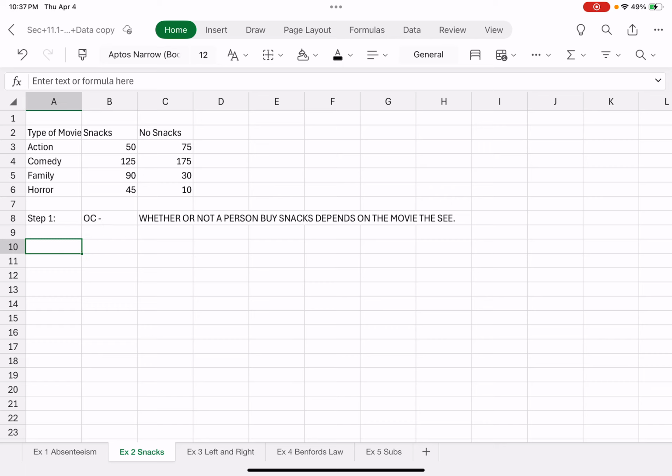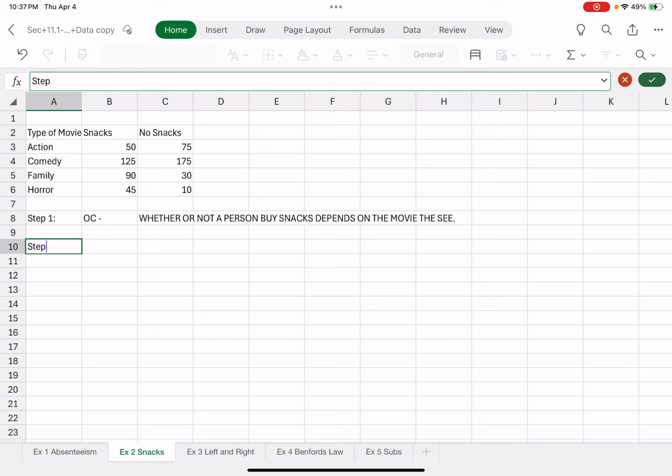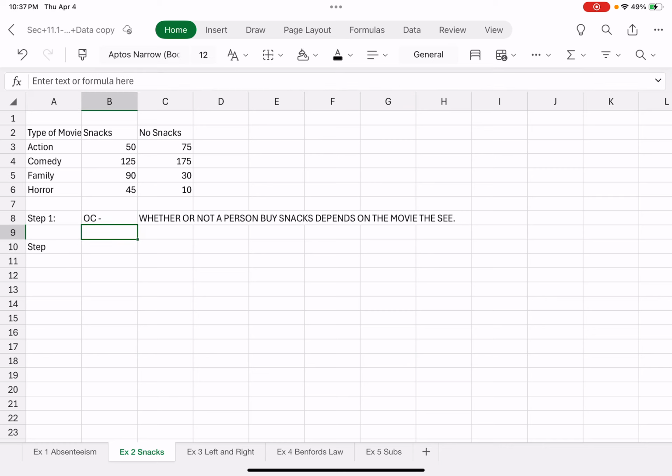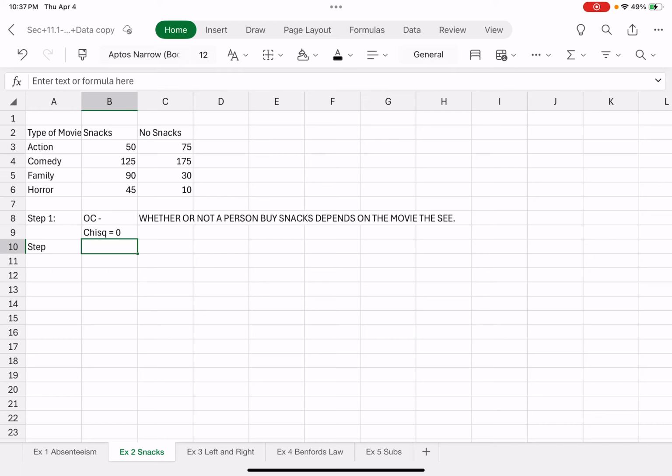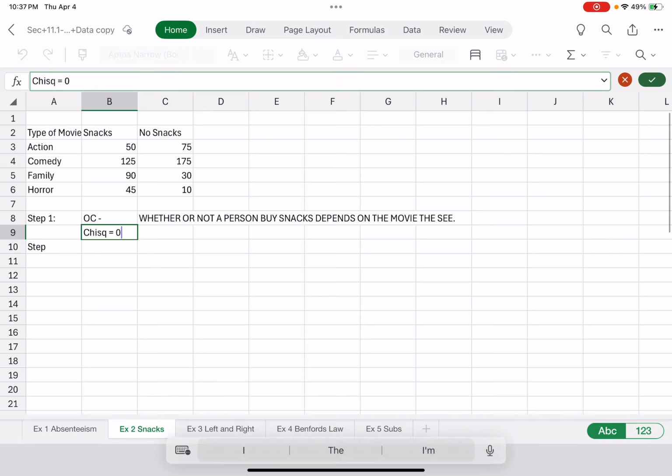Okay, step 2. Now I guess I'm in the habit of symbolically writing this. So I say chi² equals 0. That's the symbolic notation for no dependence.